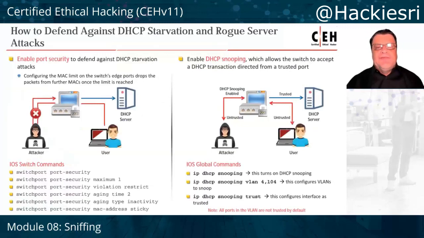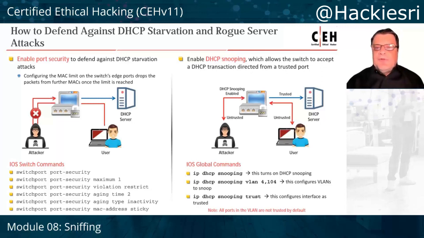How to defend against DHCP starvation and rogue server attacks. Enable port security to defend against DHCP starvation attacks by configuring the MAC limit on the switch edge ports to drop the packets from further MACs once the limit is reached. There's a listing of IOS commands that can be used to do that on the bottom left.